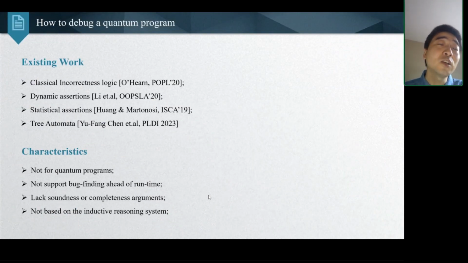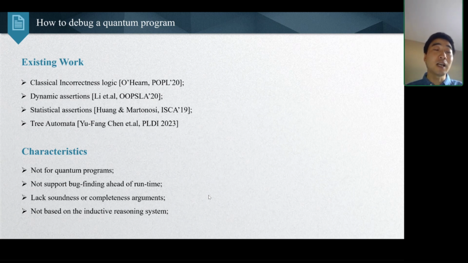So let's consider classically. Peter O'Hearn introduced classical incorrectness. And in my Uppsala 20 paper, we have dynamic assertions. I'll talk about it later. And in Huang and Martonosi, for statistic assertions. And Ken has a tree. So we want to introduce bug finding ahead of runtime.